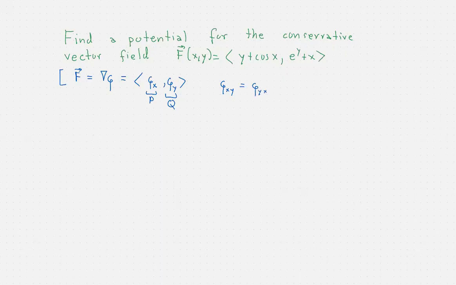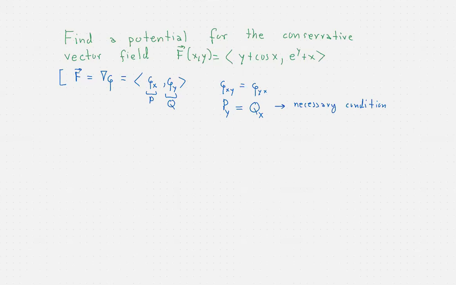And this, of course, by Clairaut's theorem, is a necessary condition for a vector field to be conservative. And it also shows you how unusual conservative vector fields are. I mean, if you randomly choose a vector field, it's very unlikely that it's going to be conservative.